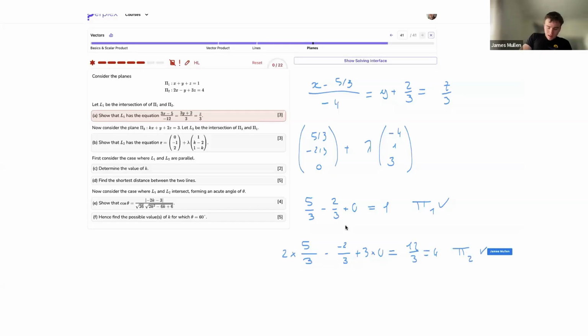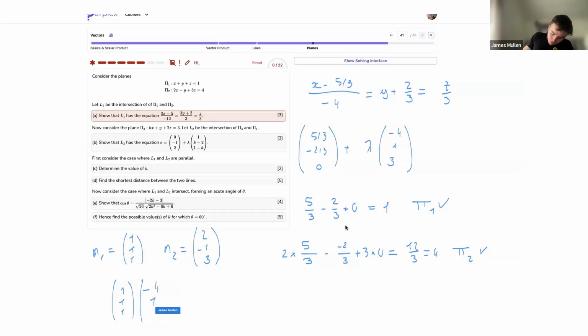All right. Now, the planes have normal vectors n1 equal to 1, 1, 1, and n2 is equal to 2, minus 1, 3. If I take the scalar product of 1, 1, 1 with minus 4, 1, 3, I get 0.